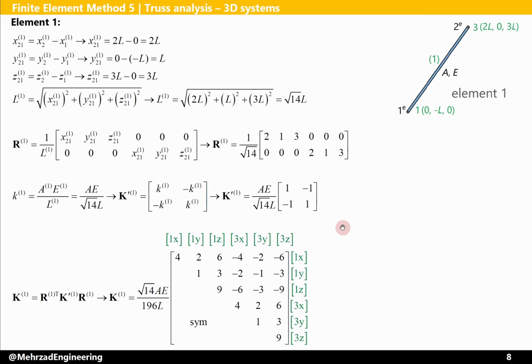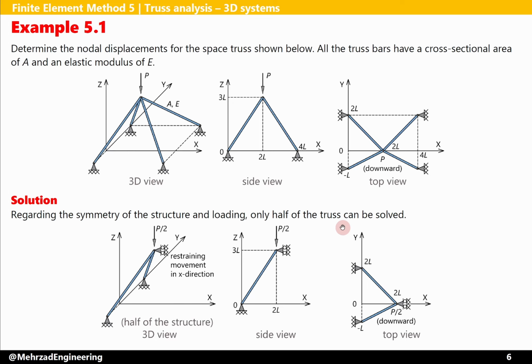So back in the structure, we have solved this space truss under the vertical force of P, and because of the symmetry, as I mentioned, in x direction the displacement at this node is equal to 0, and in y direction and z direction we have found the displacements which are in the opposite direction of the axes y and z.